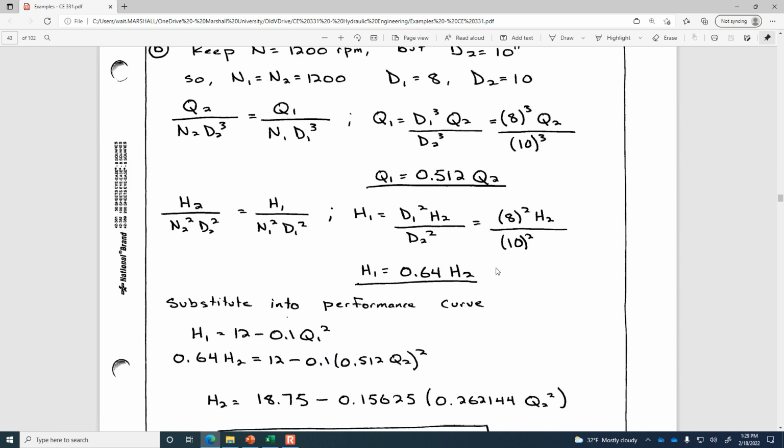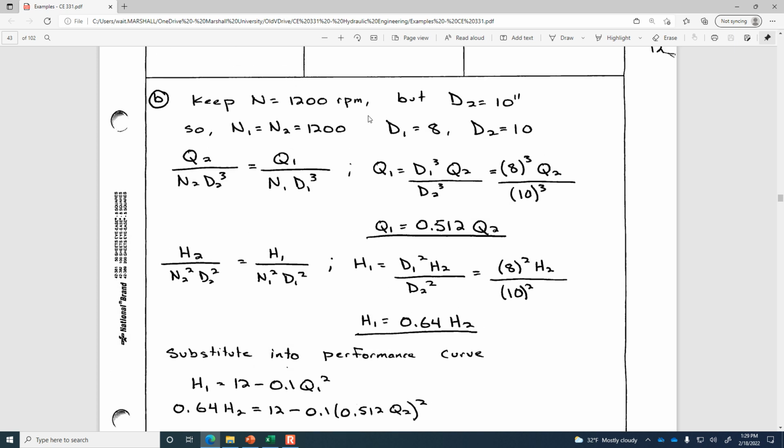All right, in part B, we're going to take the same motor and match it up to a larger diameter pump. So remember that when you want to move water with electricity, it's a two-part process. The first part is turning electricity into mechanical energy, and that's what the motor does.